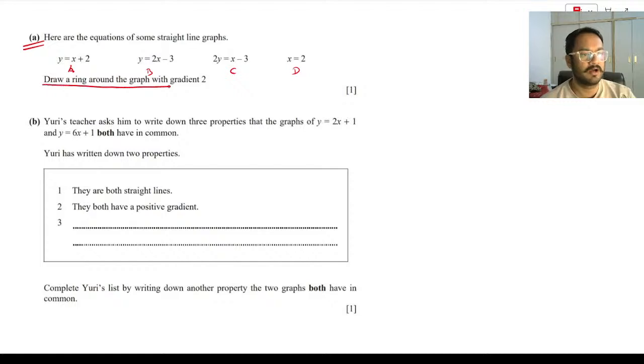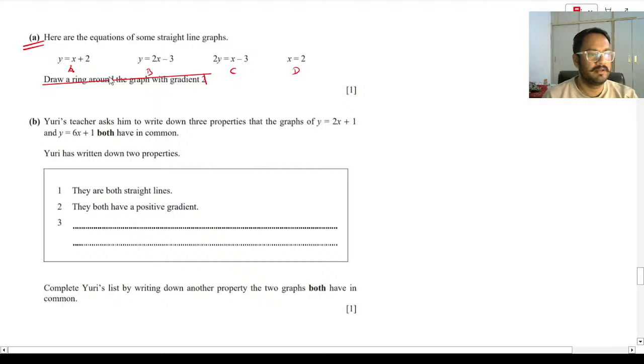Draw a ring around the graph with gradient 2.